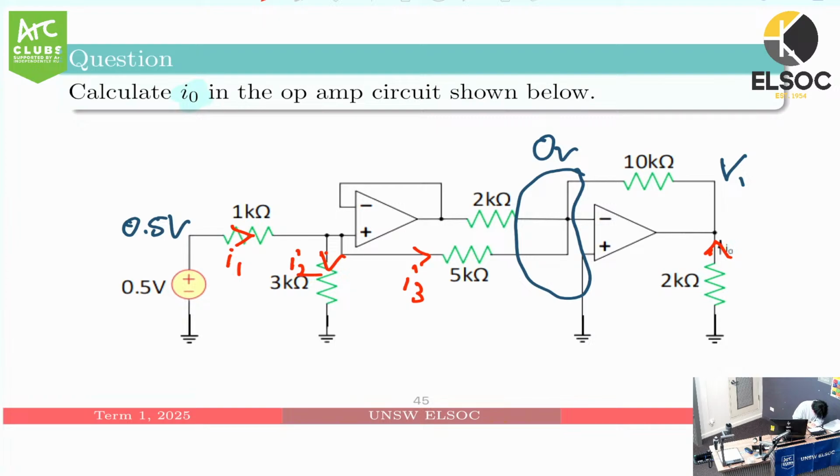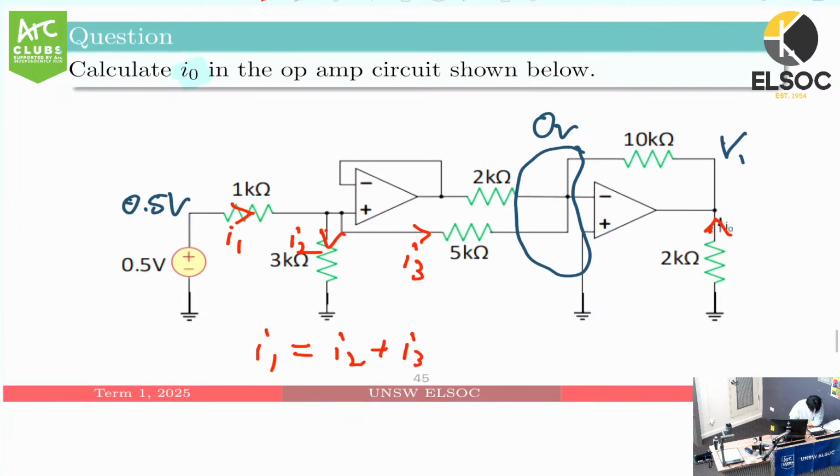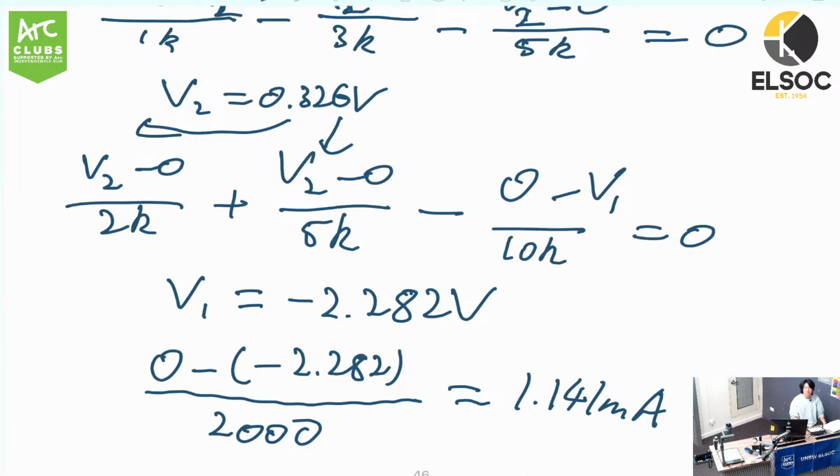We can see that I1 is equal to I2 plus I3. Okay? And we can probably do a similar thing here with I4 and I5. I5 is equal to I3 plus I4. All good? Perfect.